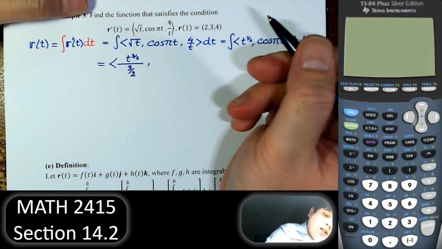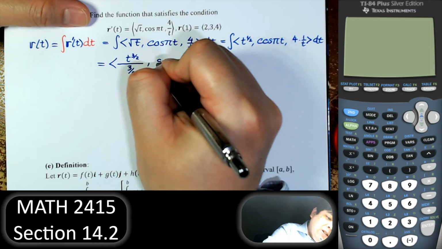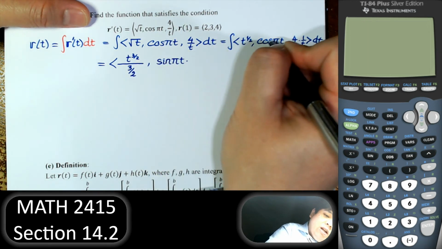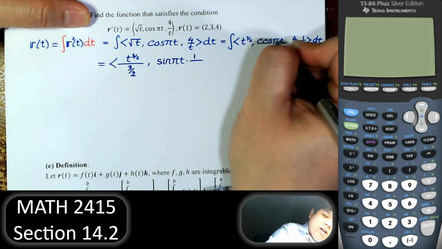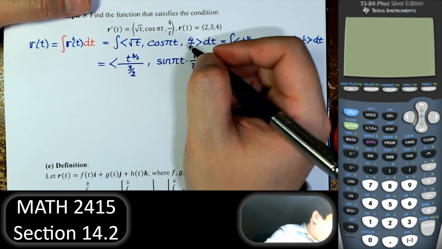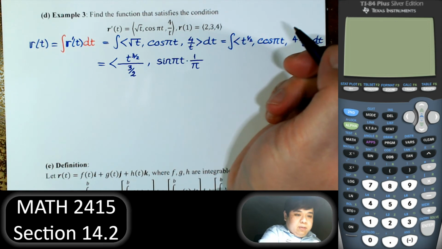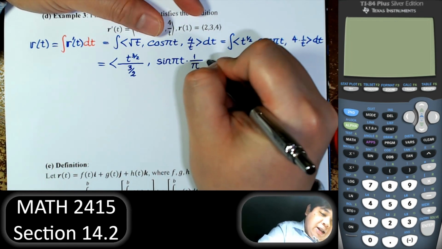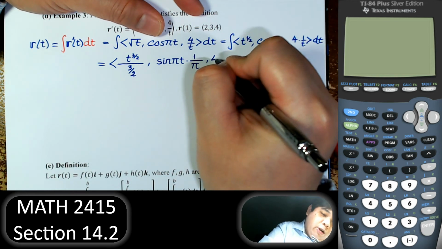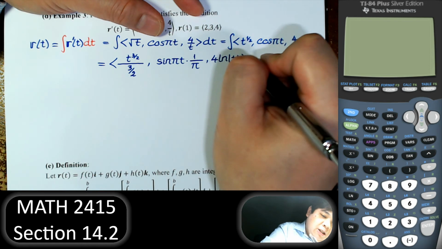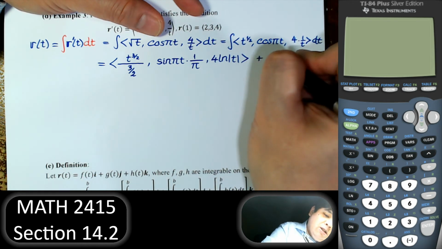The integral of cosine is sine, and then we divide by the coefficient of t. And then the integral of this is 4 ln of the absolute value of t, plus the constant vector c.